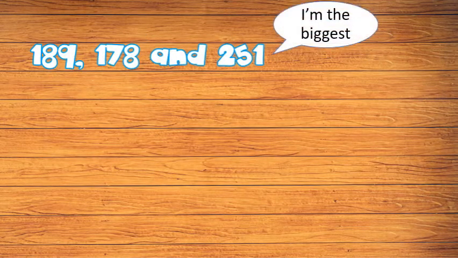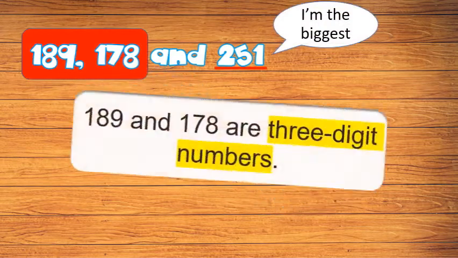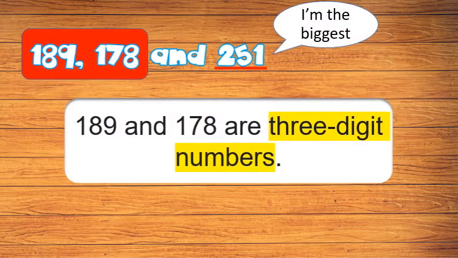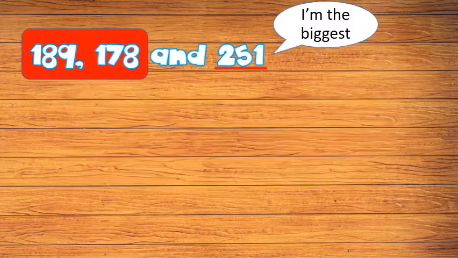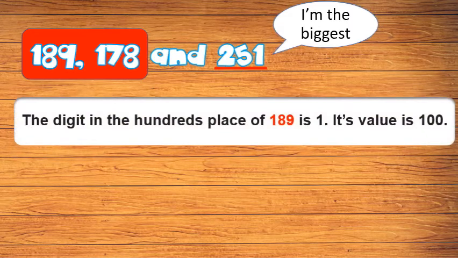Now let's compare 189 and 178. Both numbers have 3-digit numbers, right? They also have hundreds place. The digit in the hundreds place of 189 is 1. Its value is 100.